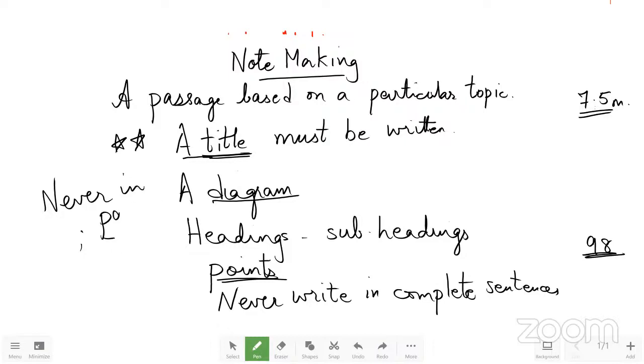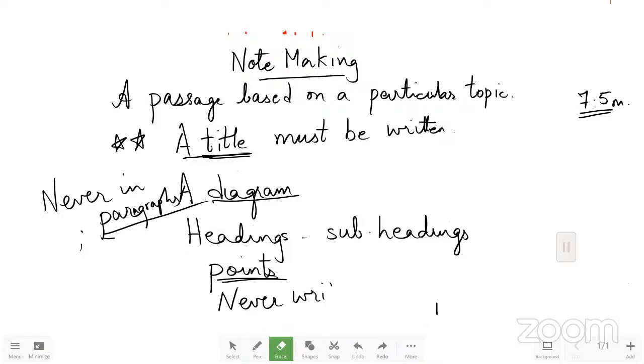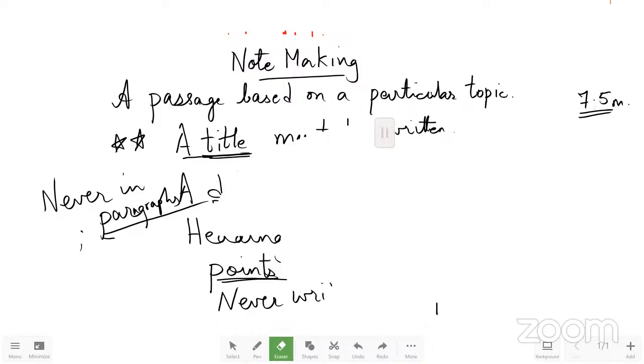If you write paragraphs, it will be struck off. Marks will not be awarded, they will say it is not correct, and they will lessen the marks. So all this you should keep in mind, children, when you are writing note making.